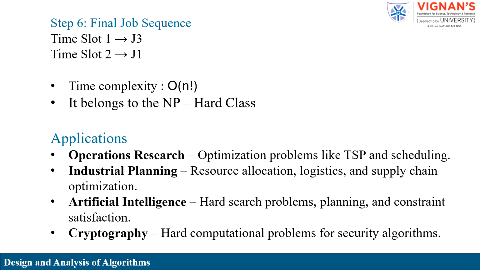In artificial intelligence, NP-hard problems arise in hard search problems, planning, and constraint satisfaction. Finally, in cryptography, NP-hard problems form the basis of secure algorithms by relying on computationally hard problems. This concludes the explanation of the final job sequence and its applications.